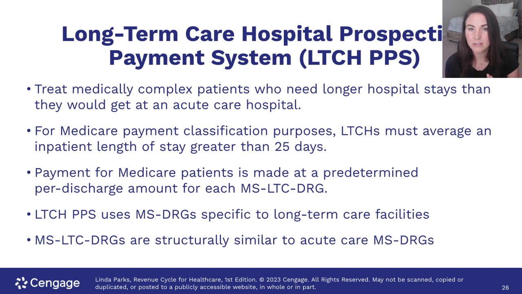A lot of patients that get transferred here are coming from an intensive or critical care unit, and are being treated for more than one serious condition, but will hopefully recover and go back home. They can provide respiratory therapy, head trauma treatment, pain management, among other things. Payments are made at a predetermined per discharge amount.